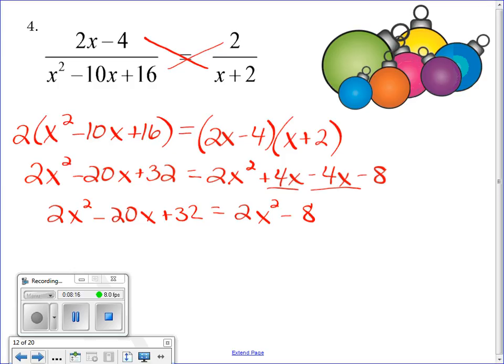What happens when I go to try to set this equal to 0 so I can factor? There is no x squared. Cancels out, right? If I subtract 2x squared over here, they cancel out. So really I have negative 20x equals, move that over there, negative 40.